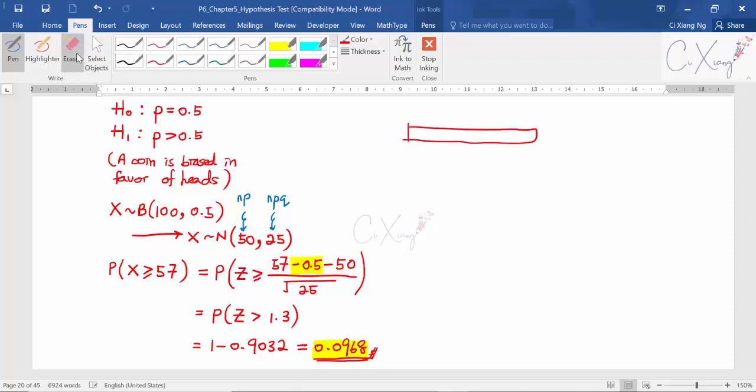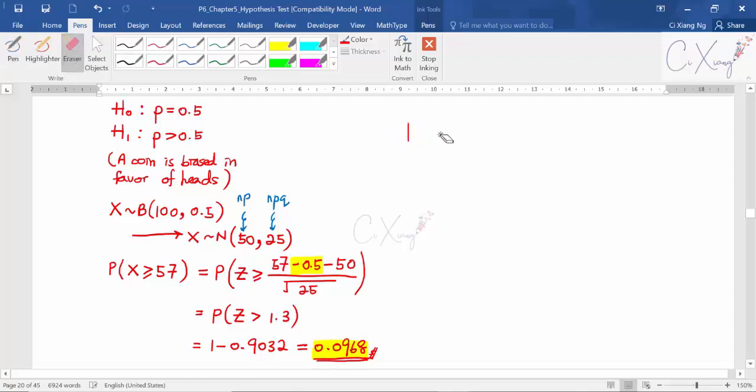But because now you already changed it to normal distribution, you are allowed to use the normal graph again, the bell-shaped curve. So this is a one-tailed test on the right. Therefore, you should know that this is your rejection region. And for this rejection region, the whole area here is 0.05, which is 5%.